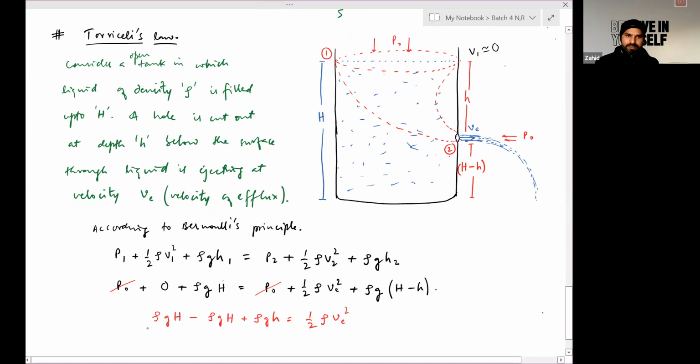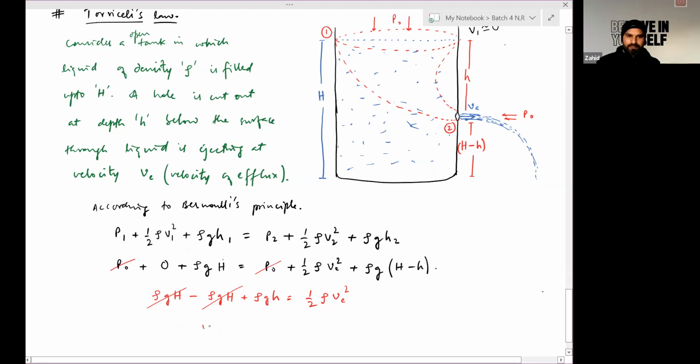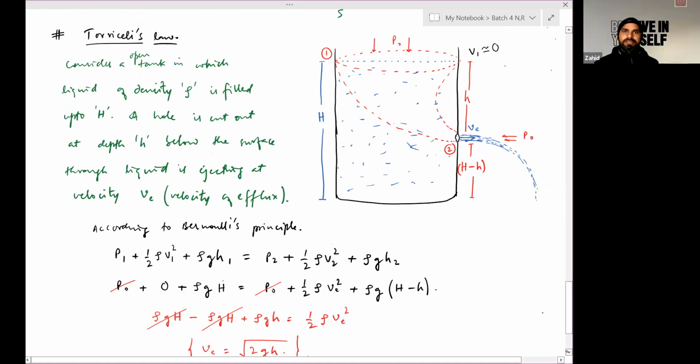So this term and this term will cancel out. Rho and rho will cancel out. So you get velocity of efflux equals root under 2gh. Nabila, any doubt? No doubt, sir. Okay. Just write it down, this part.